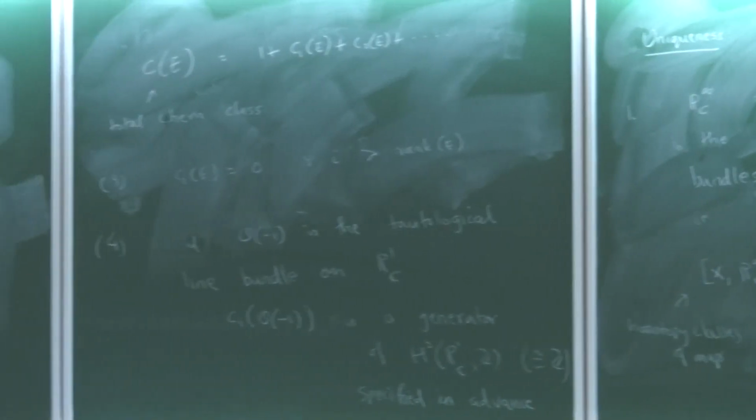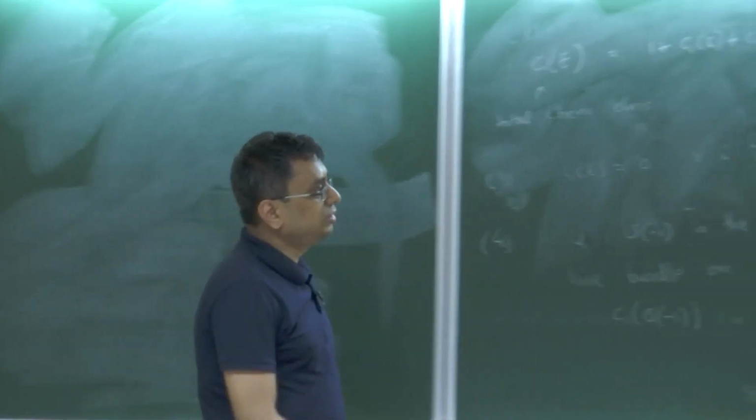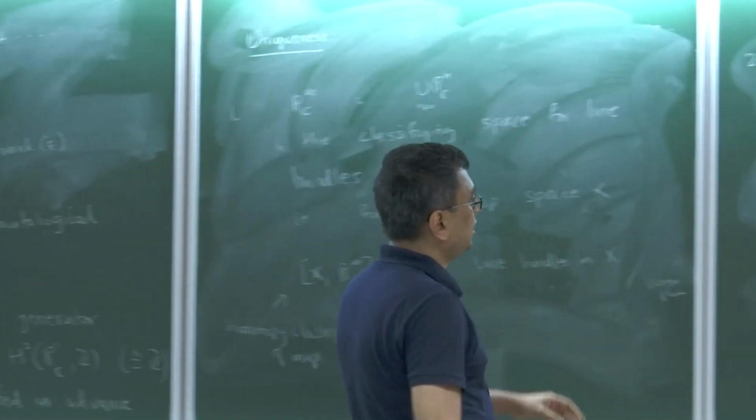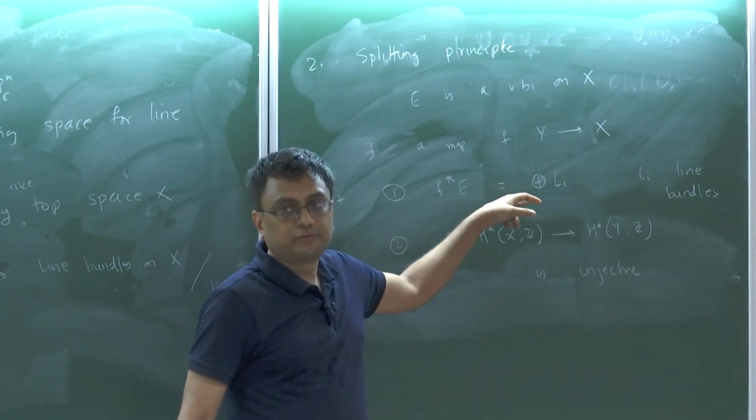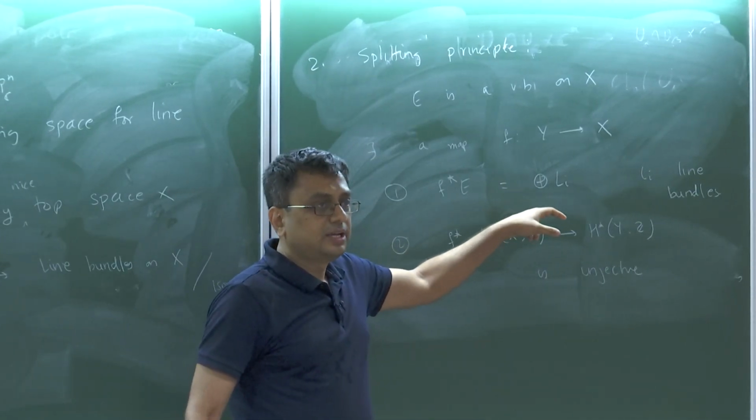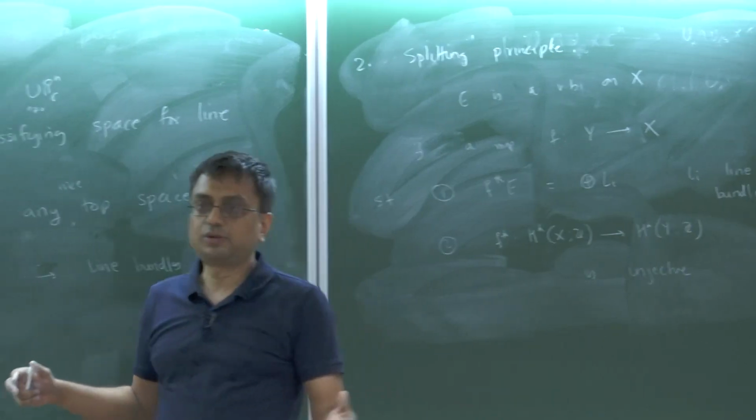Yeah, so what are the choices for Chern classes of line bundles? The splitting principle tells me that once I have Chern classes of line bundles, and I know how Chern classes behave for direct sums, everything else will be determined. So the question is really whether Chern classes for line bundles are determined.